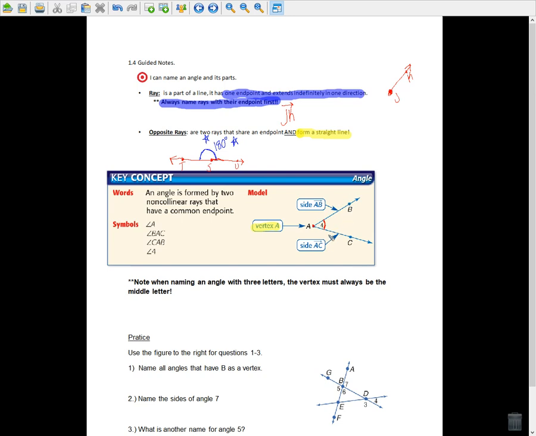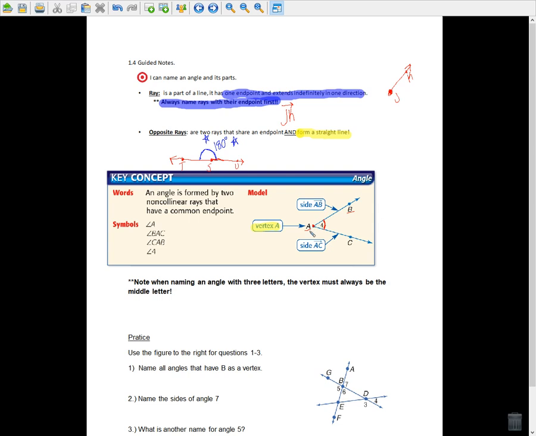Okay, so the reason that this is so important, one reason is because we can actually name this angle A if we wanted to. So there are going to be some times where we can use one letter angles. Sometimes we're going to have to use 3 letters. Okay, that's going to be something that you guys are going to have to get used to again this year. So make sure you know this as well.